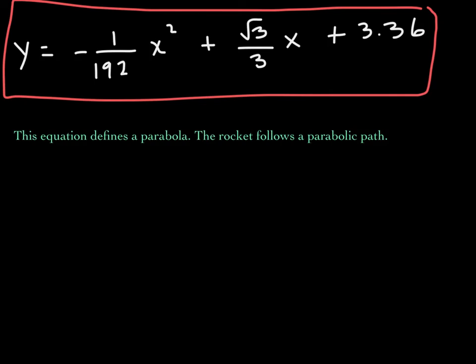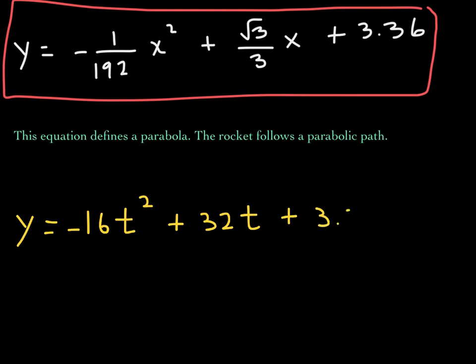So I want you to remember that this second parametric equation, y is equal to negative 16t squared plus 32t plus 3.36. Remember that second parametric equation? Do you remember that y gives us the vertical position of the rocket at time t? So what we really need is to set this equation equal to 0 and solve for t.